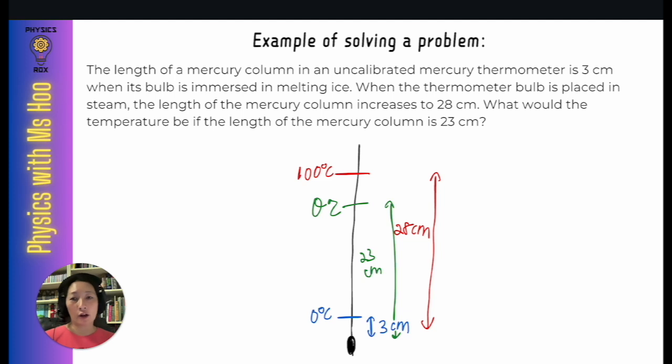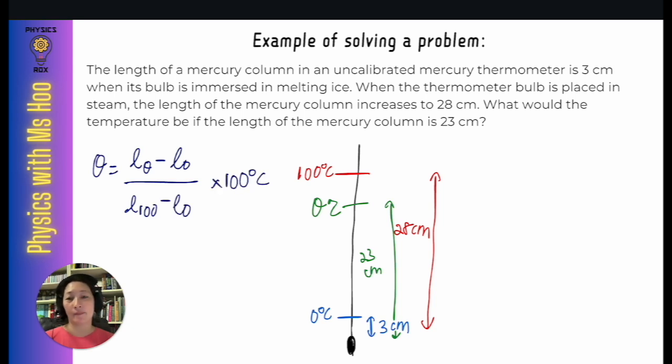So in order to solve this problem, we can use a formula, which is theta equals L theta minus L0 divided by L100 minus L0 times 100 degrees Celsius. So you have to know what L theta, L0 and L100 are.